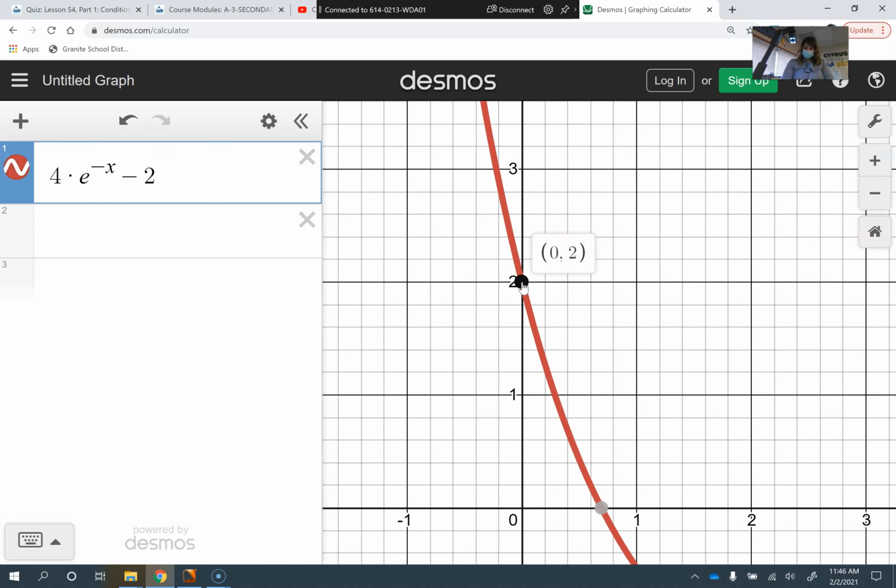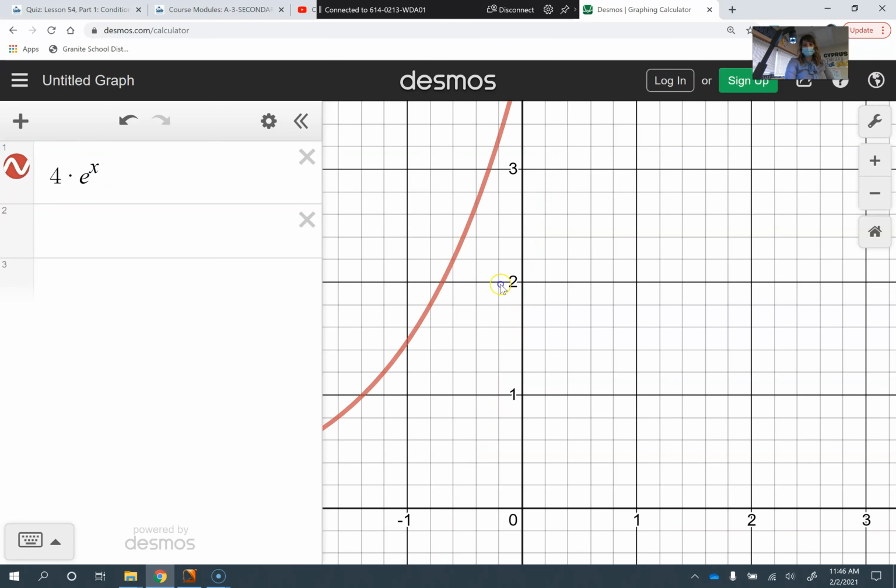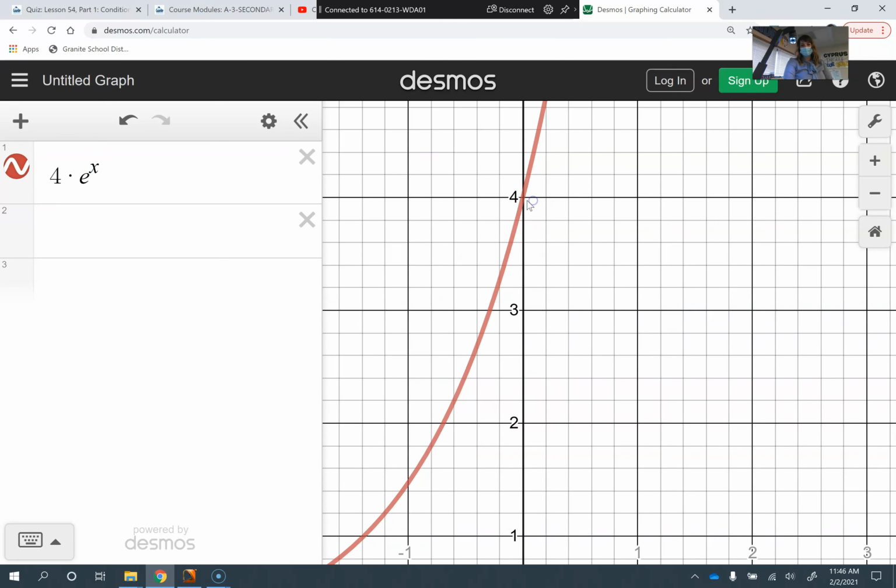So at least we feel good about number 1, right? Yes? I think number 1 should be a yes, because he's just 4e to the x, and he really is going through 0, 4. So we should feel okay about number 1, that he really does match letter B.